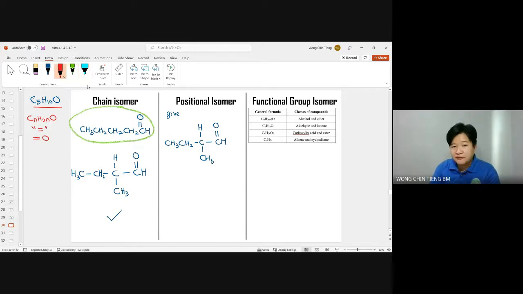Before this, I give you position isomer, means positional kena ubah. Chain and functional group kena sama. Betul? And when I say the position ubah, did I say that the position is the position of functional group? No. The position can be the position of the functional group or the branch.